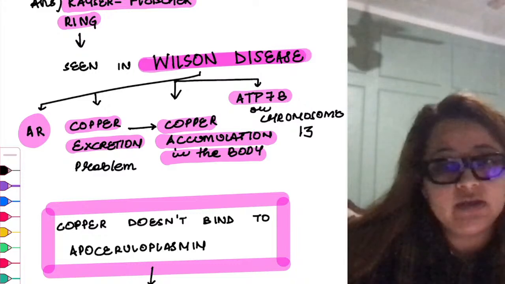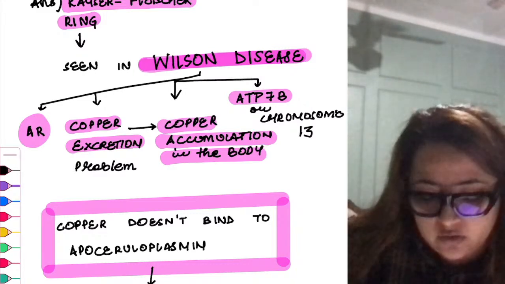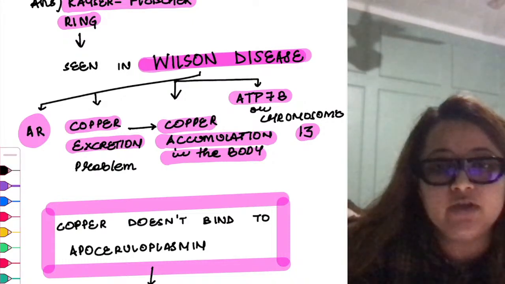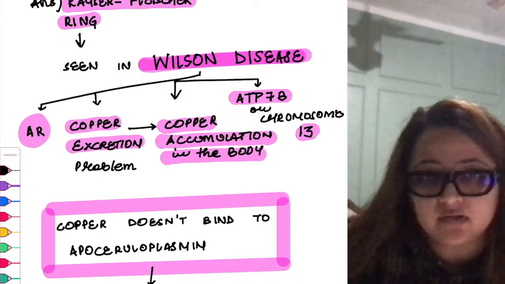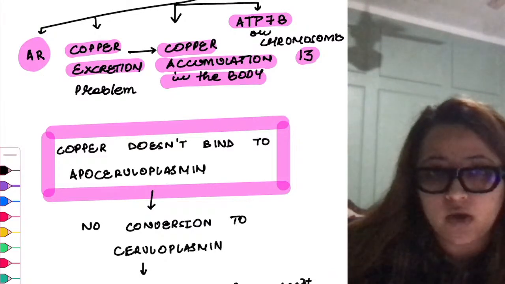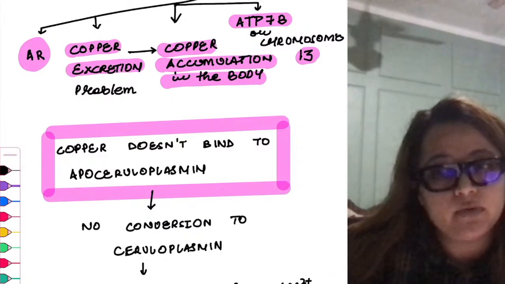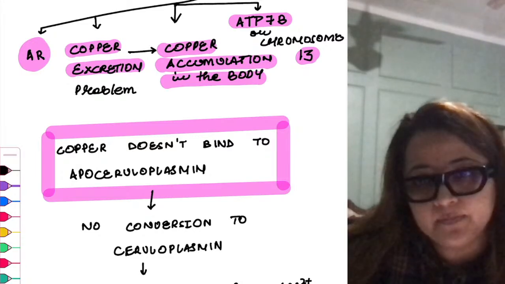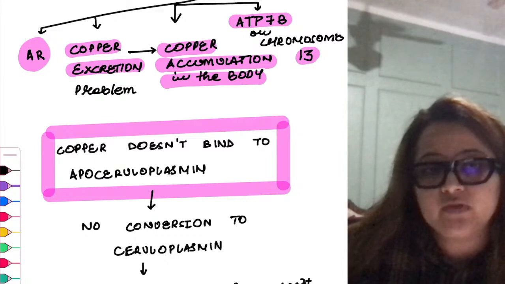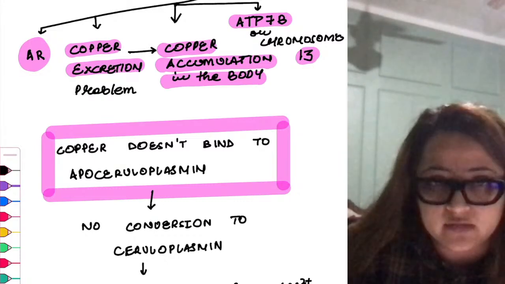So there is a mutation in the ATP7B gene, which is present on chromosome 13. That is actually coding for the copper transporting ATPase. If there is a mutation in the ATP7B, ultimately, normally what happens is copper binds to apoceruloplasmin. And after binding to the apoceruloplasmin, there is conversion of this apoceruloplasmin to ceruloplasmin.